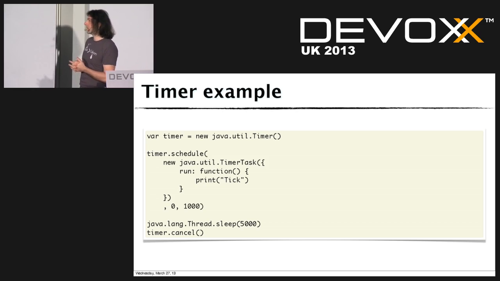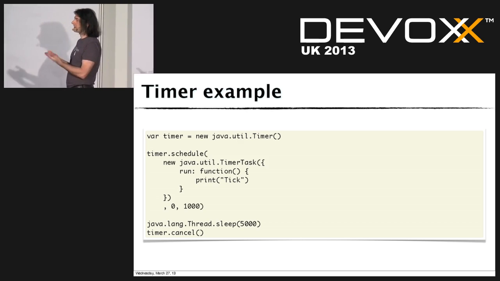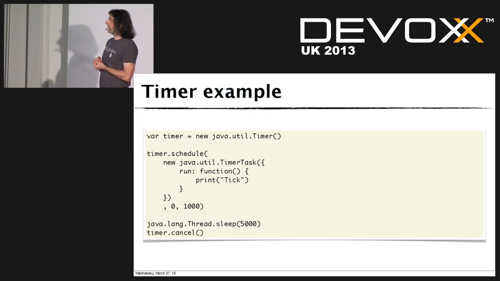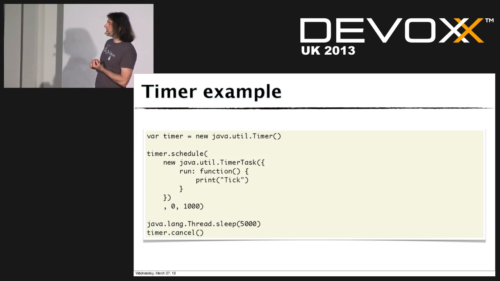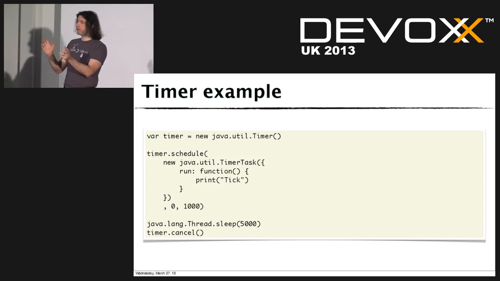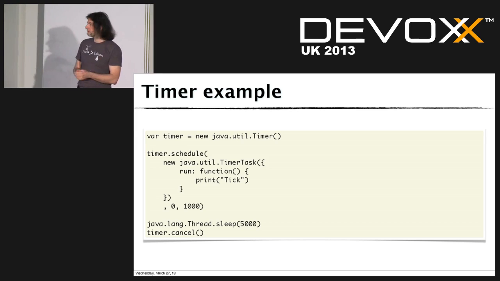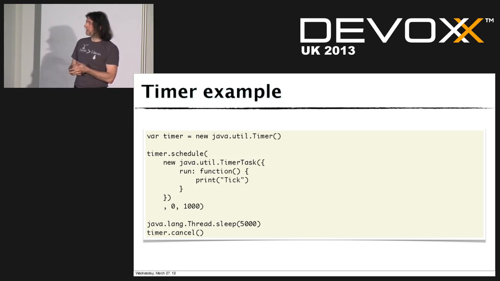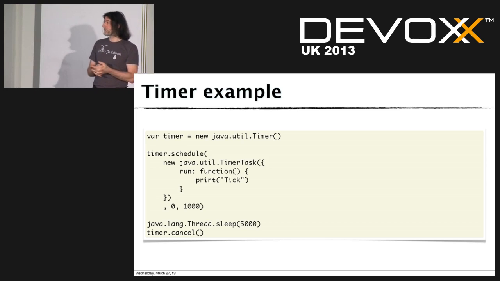Next thing we do is we invoke its schedule method, where you can see that we can invoke methods on POJOs. And what we pass to it is new Java util TimerTask. The resolution of Java util TimerTask is the same as it was for the Java util Timer. However, as you well know, TimerTask is an abstract class, so you cannot just instantiate it.